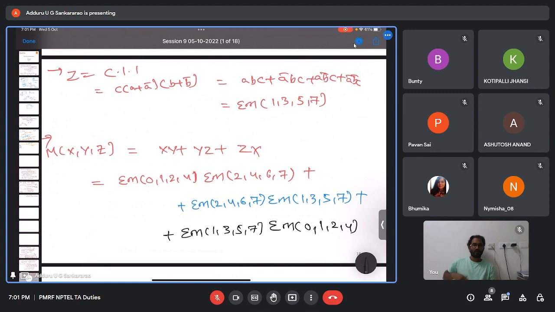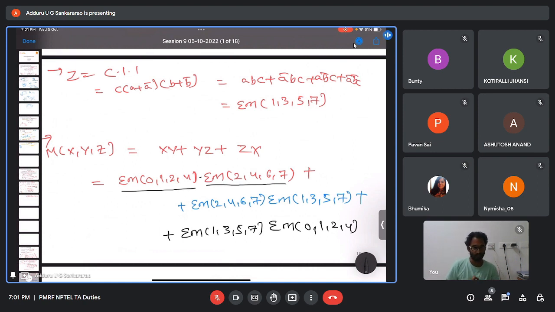Now, I think you might know this. See here you have two functions, each in sum of minterm form, with an AND operation between them: sigma m 0, 1, 2, 4 and sigma m 2, 4, 6, 7.